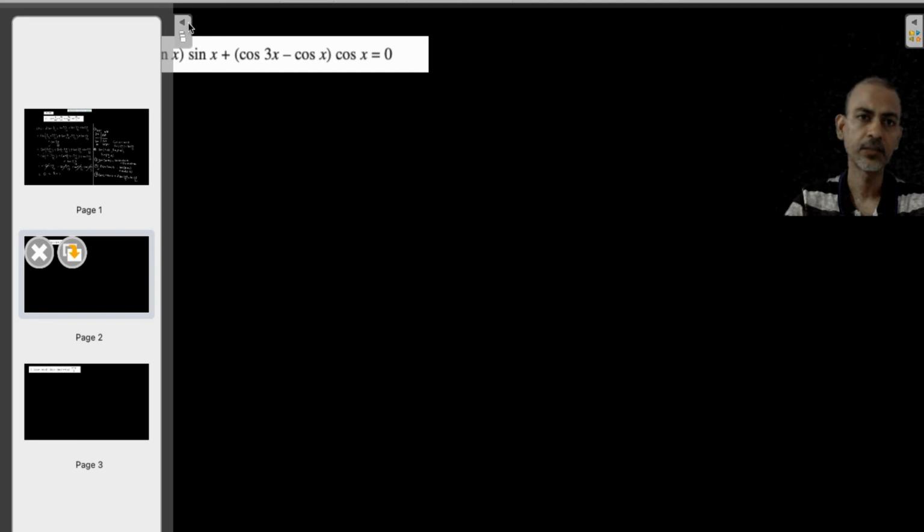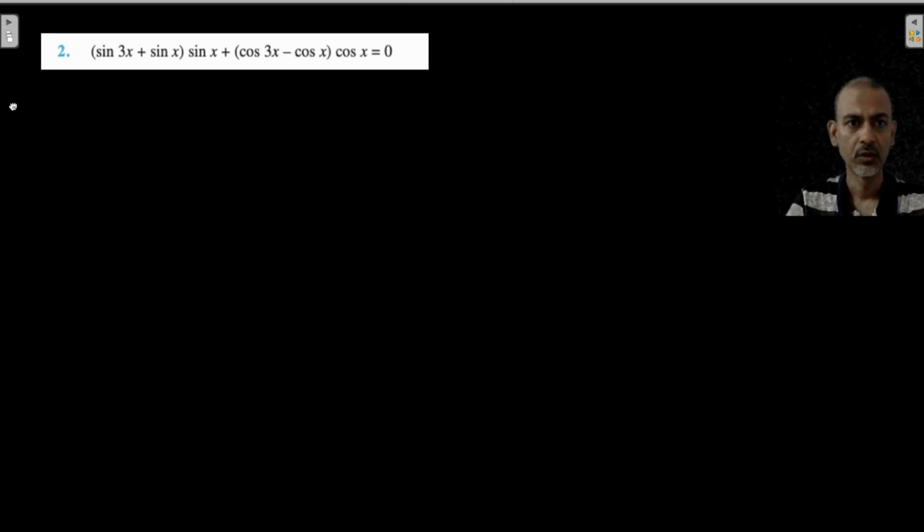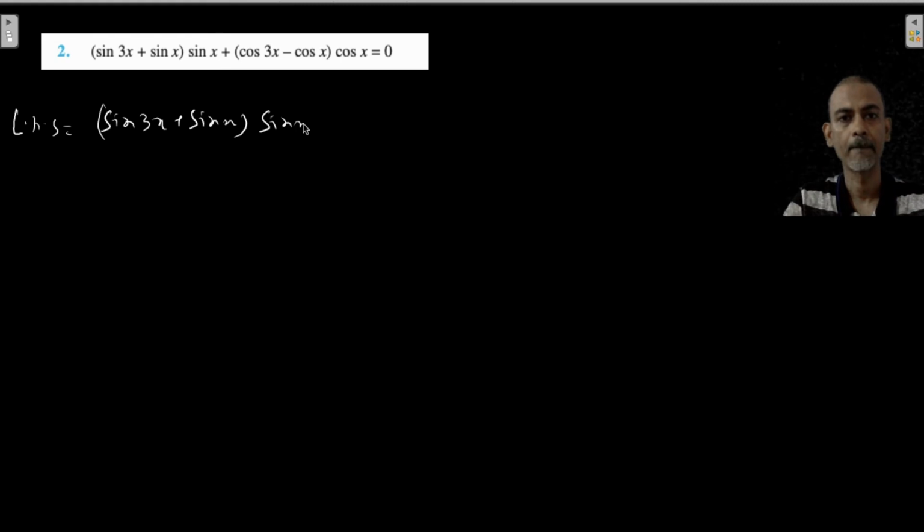Okay, my next problem has got something like (sin 3x plus sin x) into sin x plus (cos 3x minus cos x) into cos x equals 0. So this is an expression which is written like this. Probably first we need to write it like this: (sin 3x plus sin x) into sin x plus (cos 3x minus cos x) into cos x.